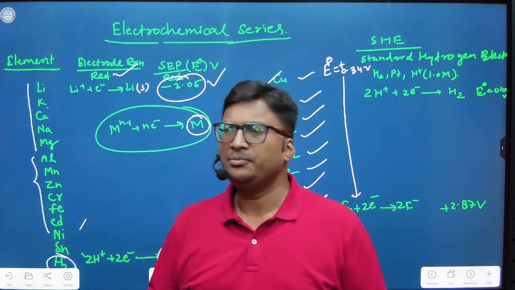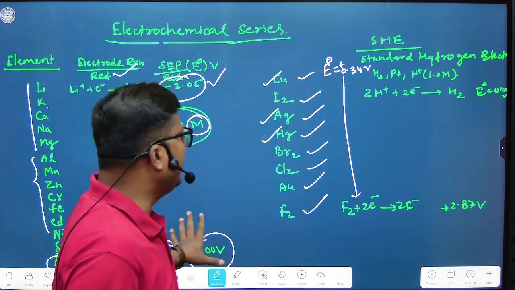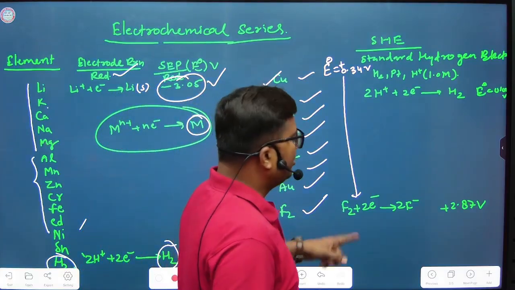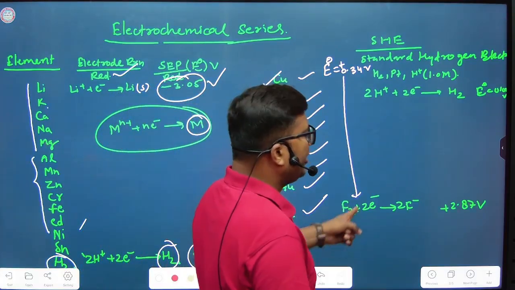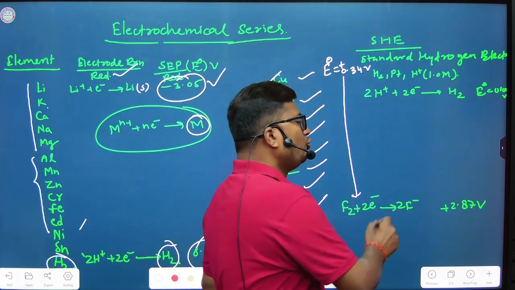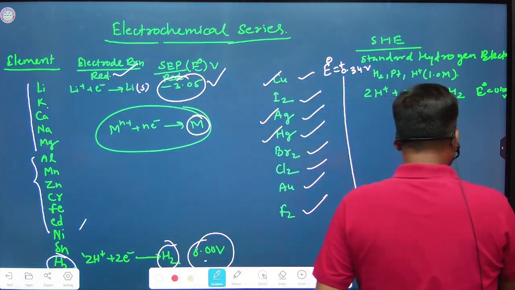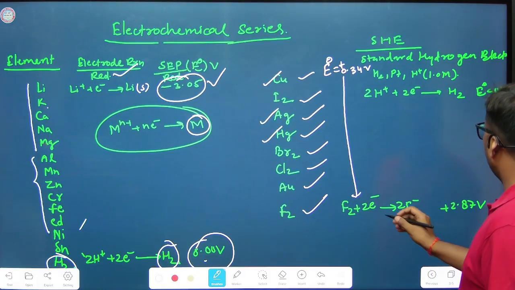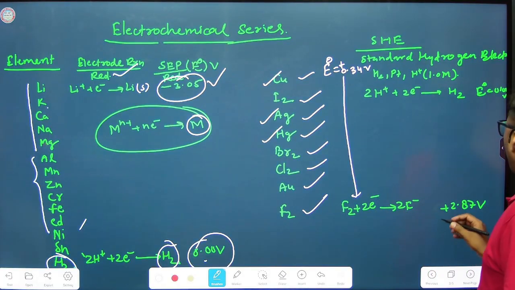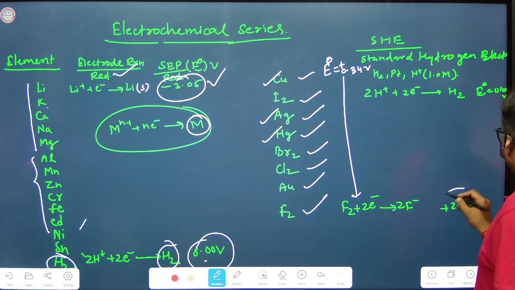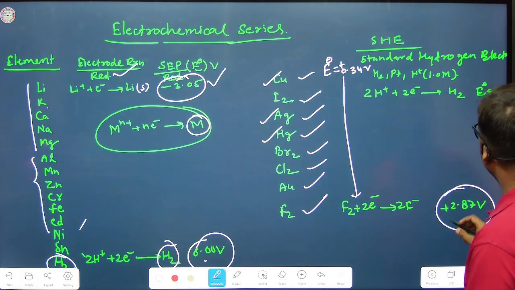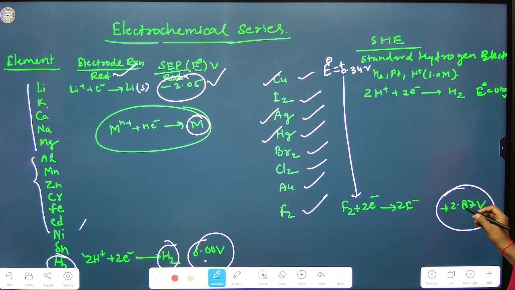So fluorine shows a reduction reaction like that: F2 receives 2 electrons, getting back to 2 F minus, that is the fluoride anion. This reduction reaction has a very high positive standard reduction potential, that is 2.87 volt, right?